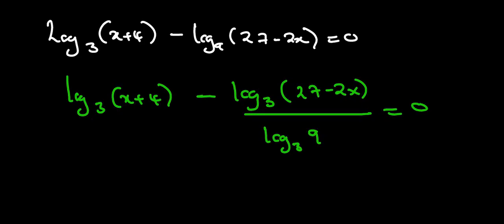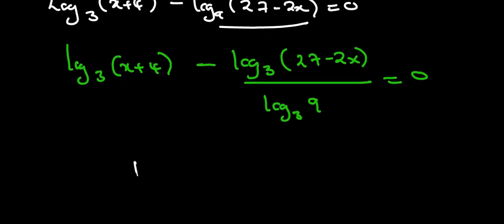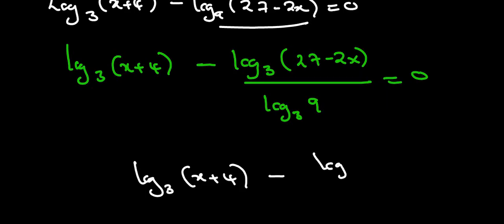Once you change the base, this is what you are getting. We can simplify the down part. This is going to be something that looks like this. Minus, here you have log base 3 of 27 minus 2x.